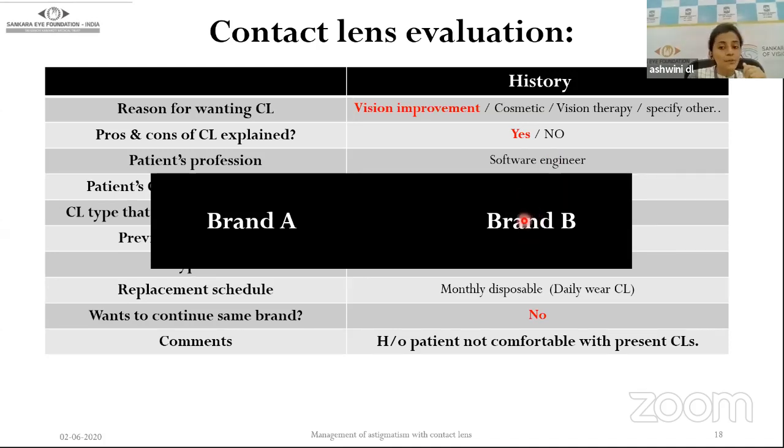When we compared the properties of brand A and brand B, brand B was also more suitable. So as per the patient's wish, her ocular health, the work environment and her prescription, brand B was better, so we went on doing a trial of the contact lens with brand B only. We avoided brand A and went on with brand B contact lenses.